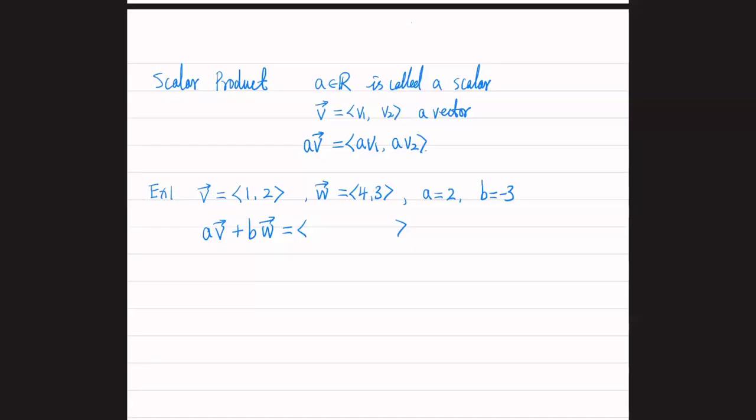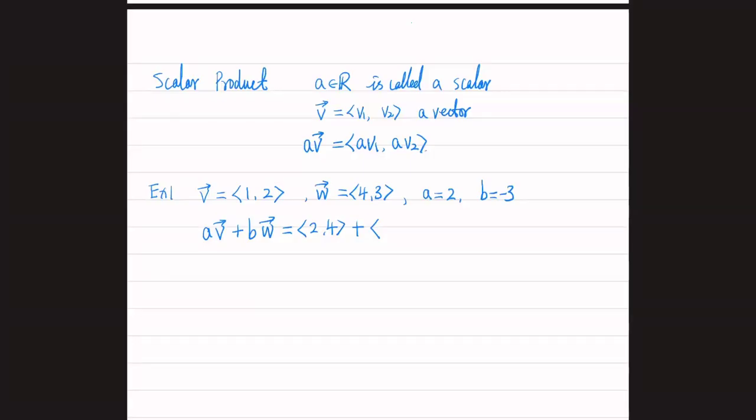Okay, let's check. A is 2, V is (1, 2). So 2 and 4. Oh, I'm sorry. I missed the B. I thought the B was a 3, not a -3. Okay. 2 and 4 plus... Amy, you checked it, what's BW?